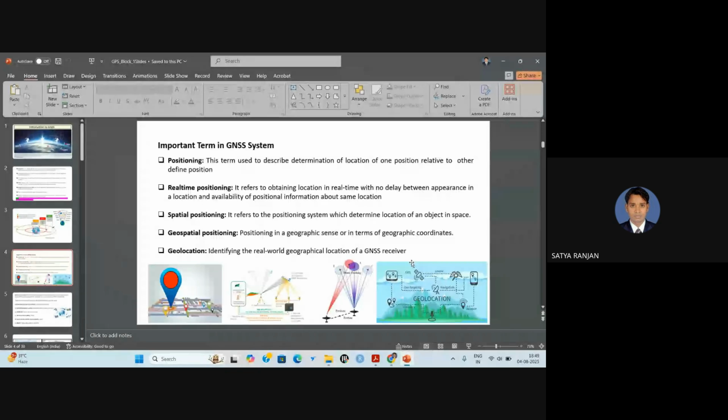Then geospatial positioning is positioning within a geographical area with the help of spatial information, just like the mobile locations we use. Then geolocation is to identify the real-world geographical location of a GNSS receiver. We can use different receivers for identifying geolocations. So these are some important location-related terms in the GNSS system.